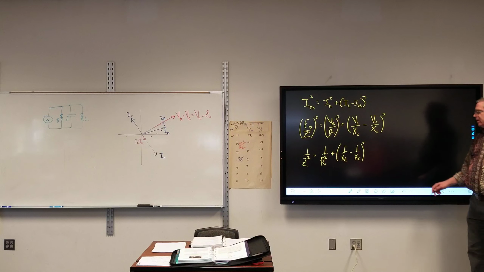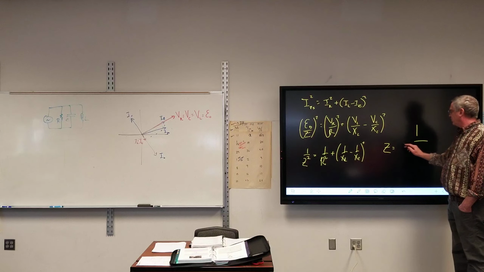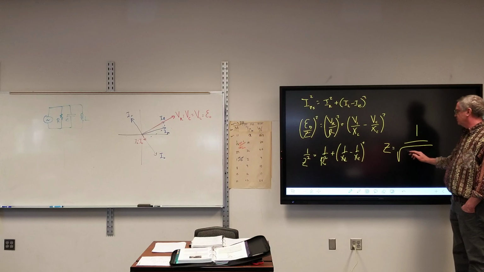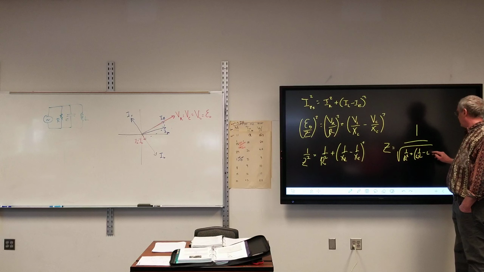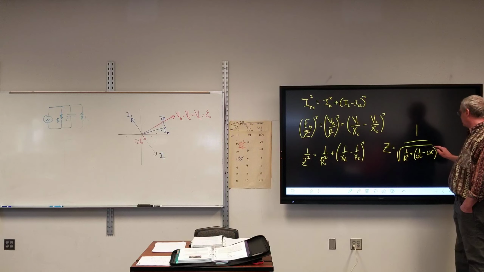And so Z is equal to 1 over the square root of 1 over R squared plus (1 over omega L minus 1 over omega C) quantity squared.